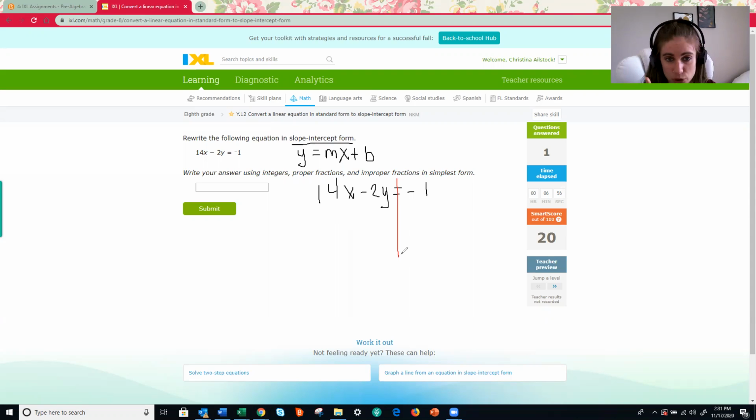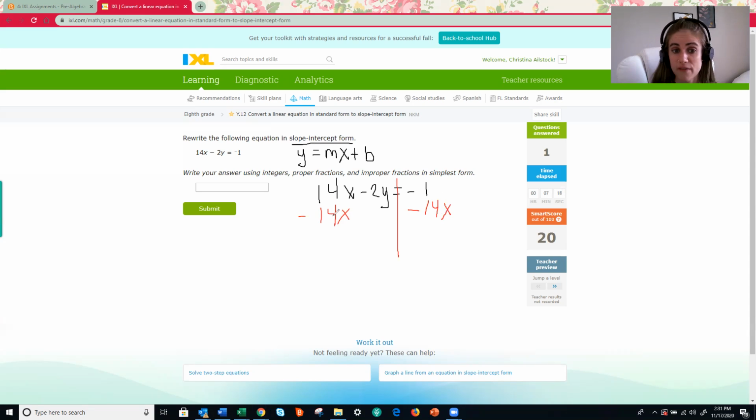Hopefully you're thinking subtraction, because that's the inverse. There's nothing in front of the 14, which means it's a positive. So the inverse of a positive is a negative. So we're going to subtract 14x from both sides.